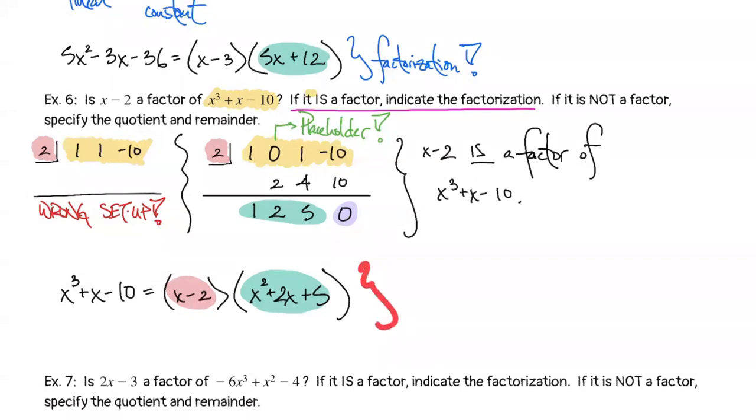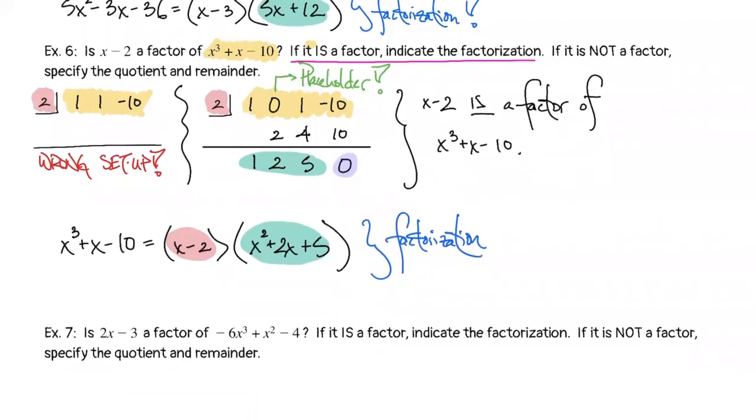This is linear, but this one is quadratic. Since it's quadratic, we can't say specifically it's a linear factorization, but we can say it is a factorization.